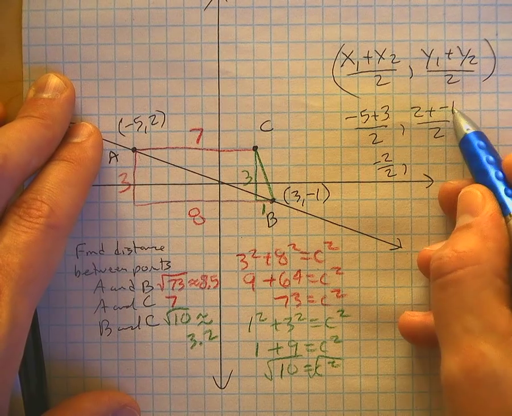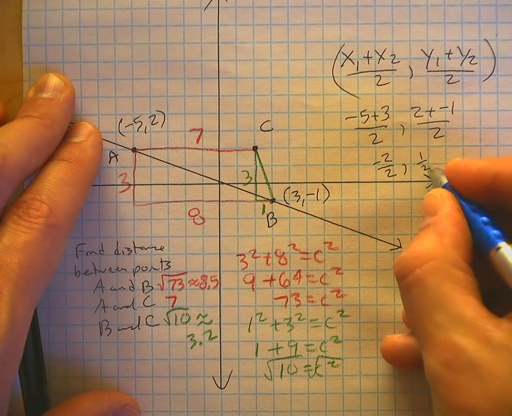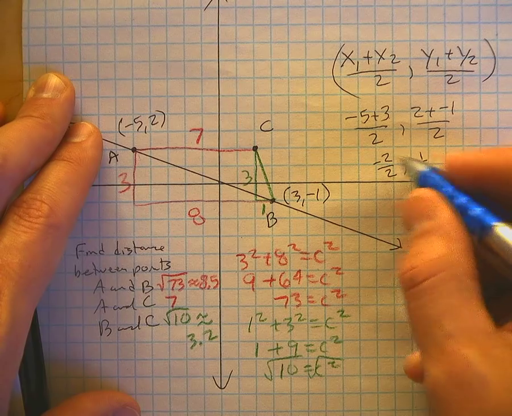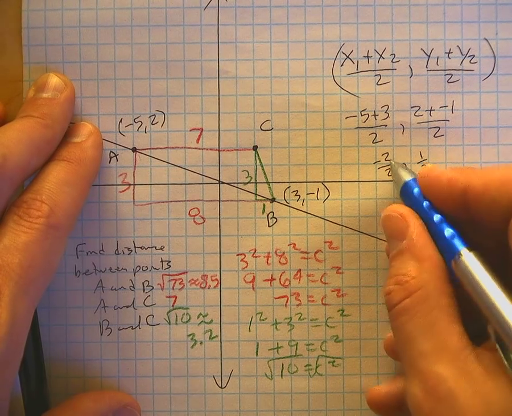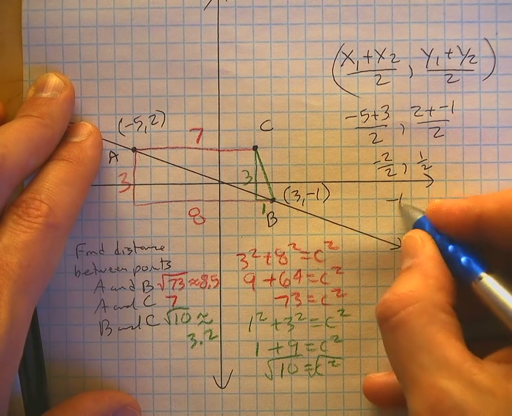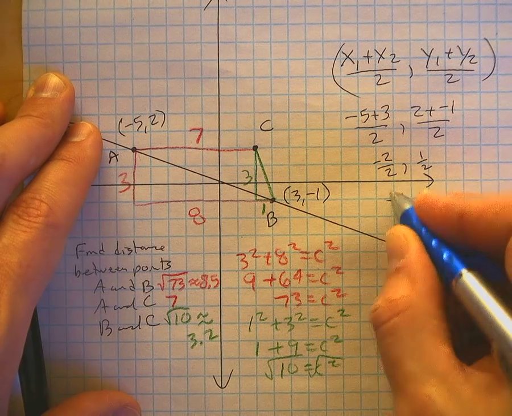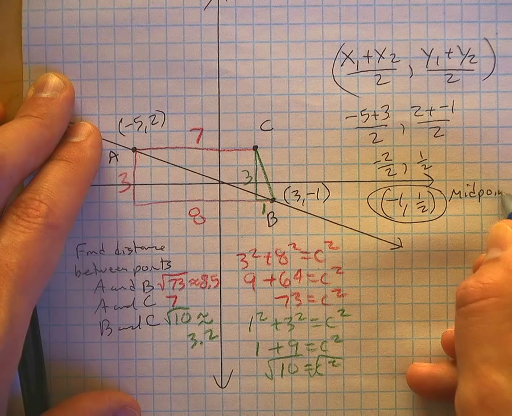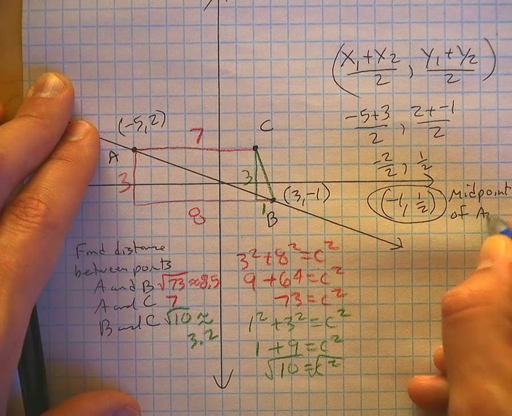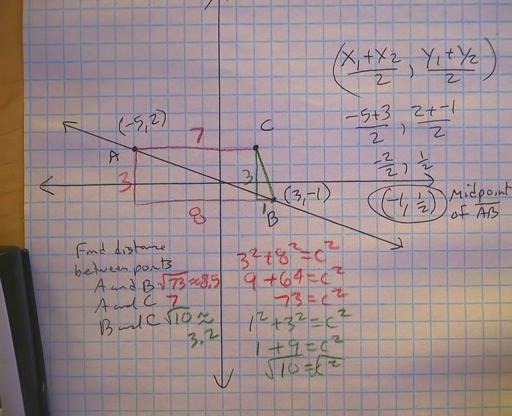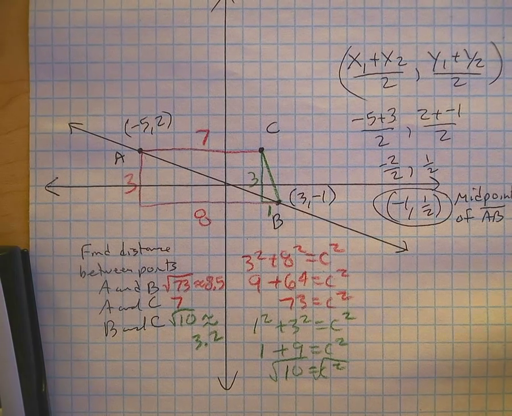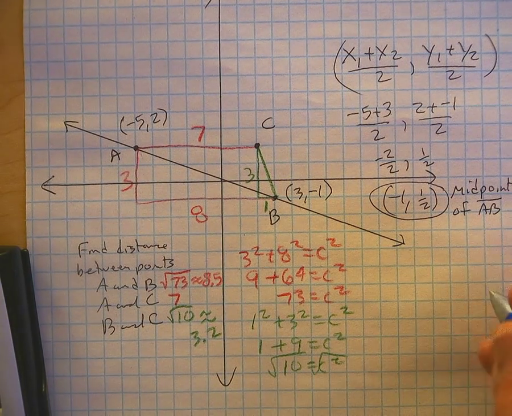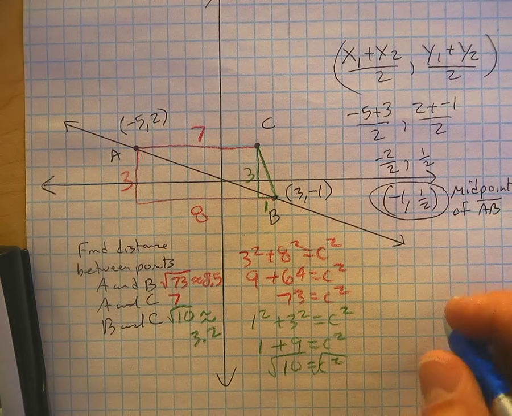Then I have 2 plus negative 1, which is 1 over 2. And I can reduce negative 2 divided by 2 to negative 1. And then I have comma 1/2. So this is my midpoint of segment AB. All right, now, if you are in an honors class, leave space because we're going to be coming back to this later.